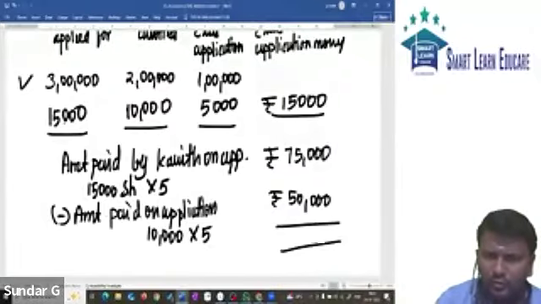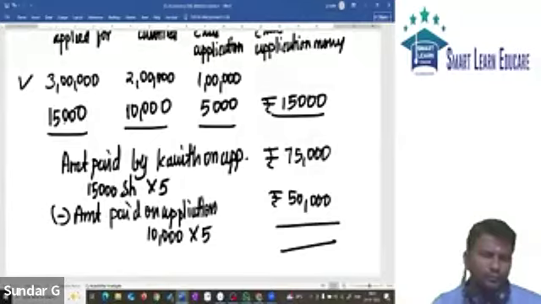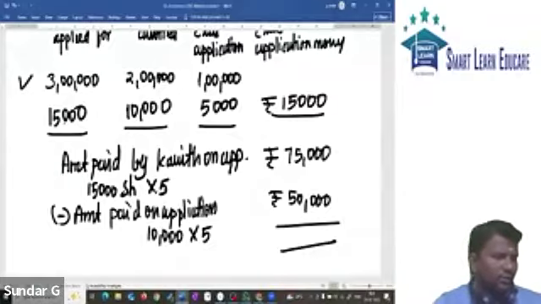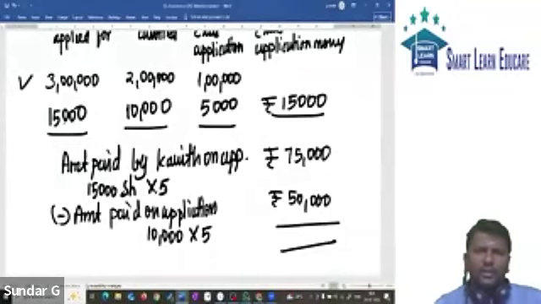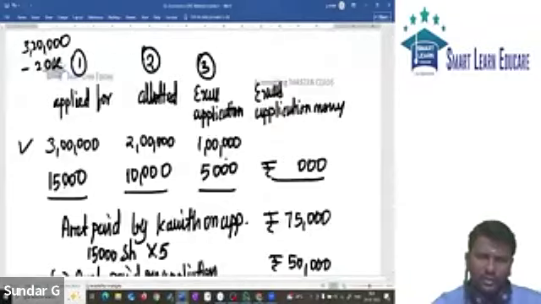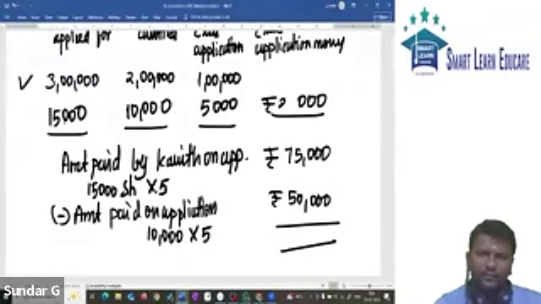So, on 15,000 shares he paid 5 rupees. 15,000 into 5 will give you 75,000, whereas he is allotted only 10,000 shares. But 10,000 into 5 will give you 50,000, but this one will change. 5,000 into 5, it is 25,000.